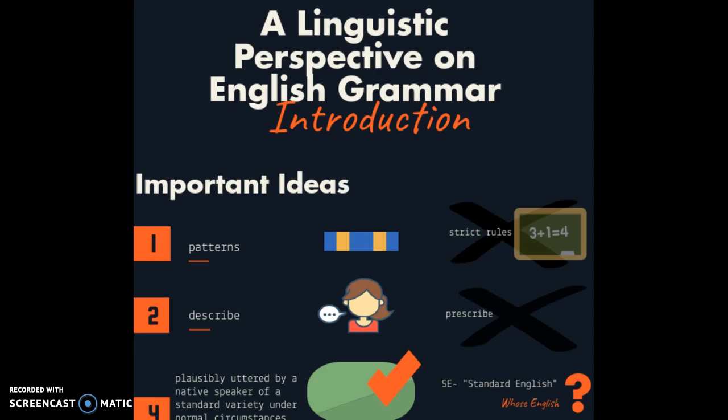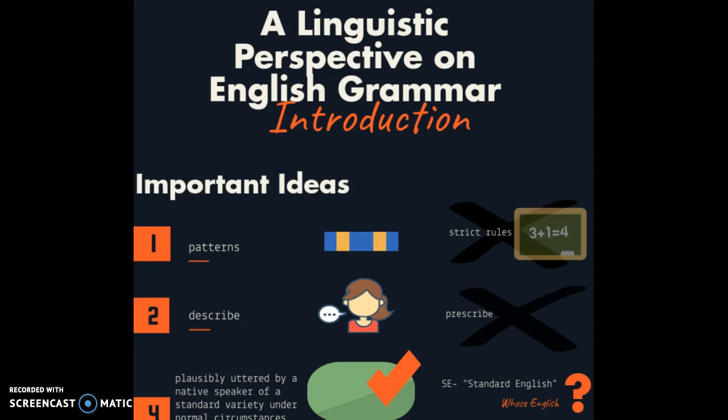So in linguistics, we want to understand the patterns and the exceptions to those patterns, so that we can better understand English grammar or any language, but in this course it will be focused on English.